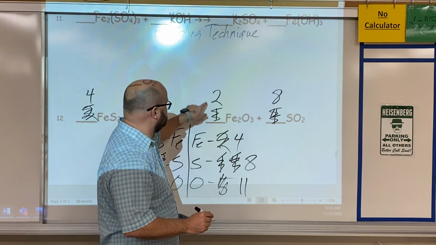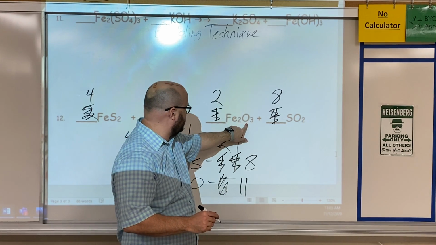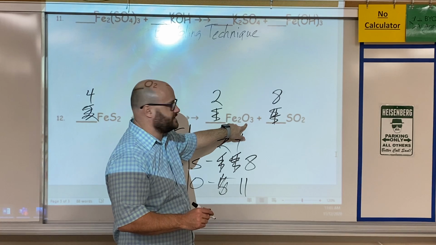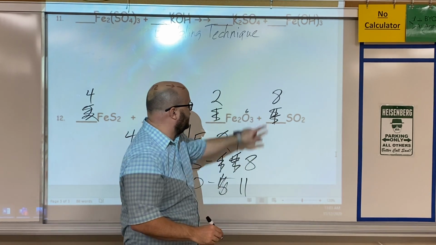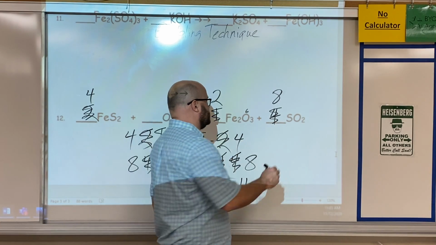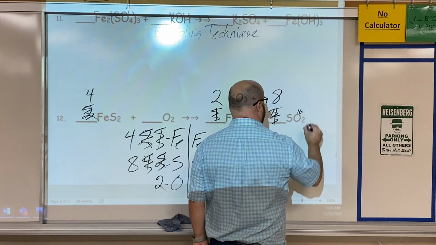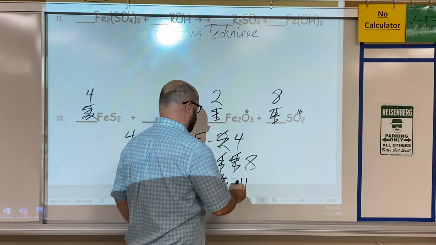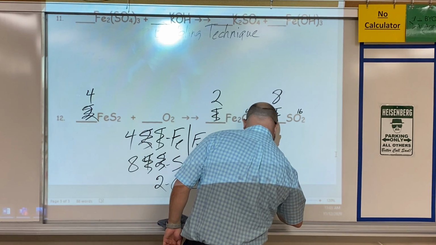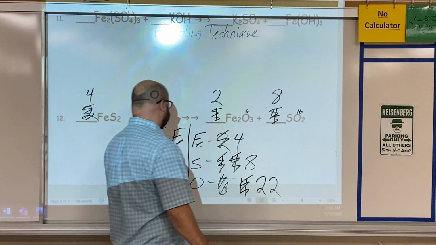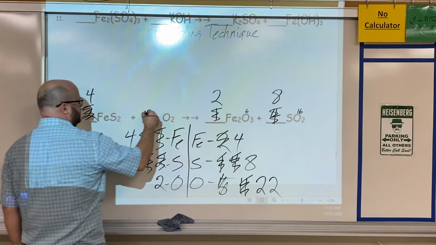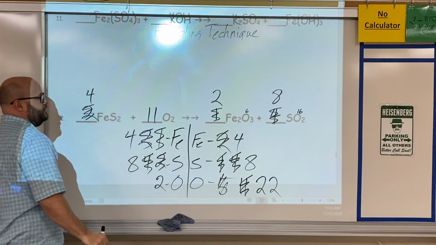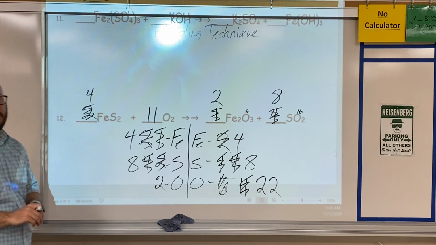And then for our oxygen count, we've got 2 times 3, which is 6. And then 8 times 2, which is 16. Add those together, you get 22. Now you can finish your equation out with 22 divided by 2 gives you 11.